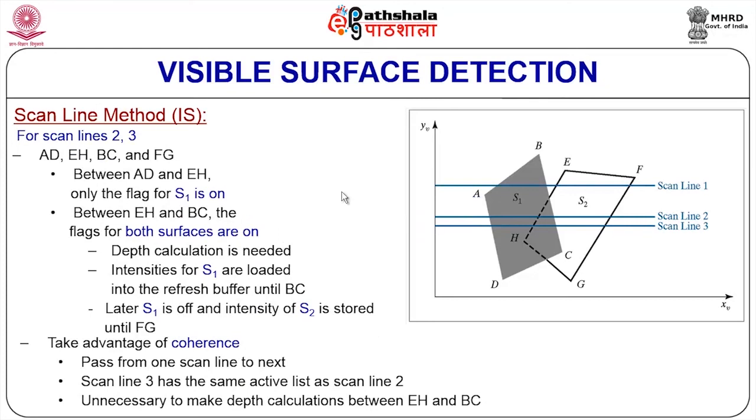For 2 and 3, we also need to look at the combined color. For scan lines 2 and 3 there is an overlap region, between the EH and BC edges. For the overlapping region on scan line 2, we need to combine the colors of both surfaces S1 and S2.